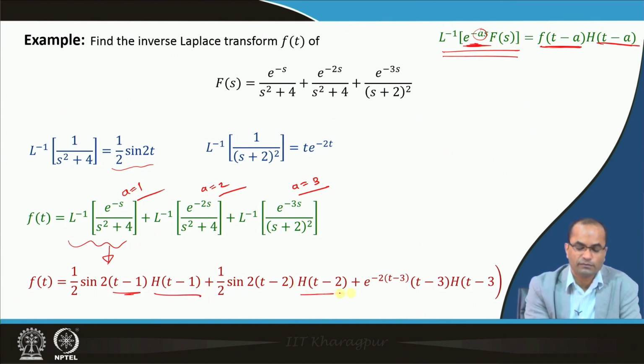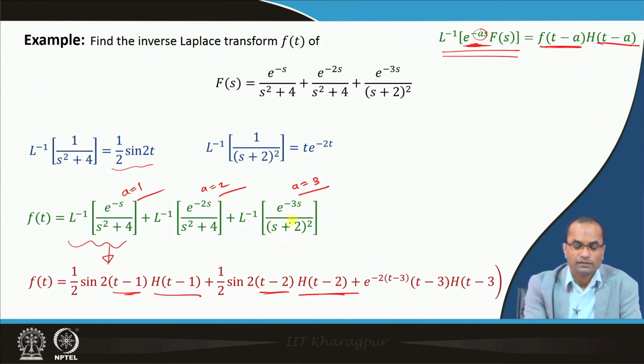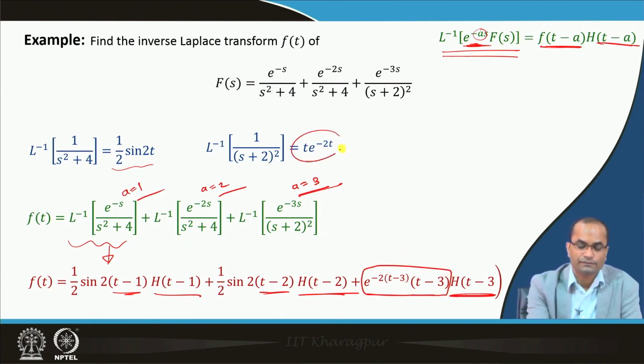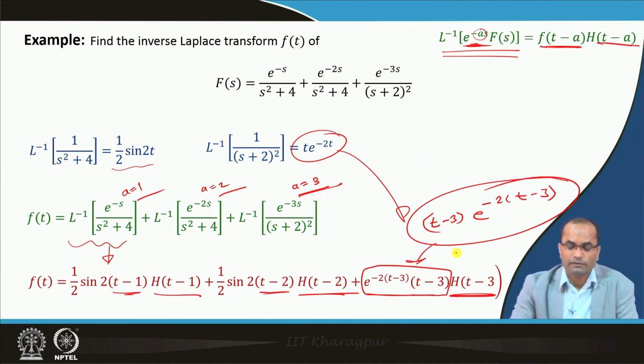In the second case it will be h(t-2) and sin 2(t-2). In the third place we have h(t-3), and everything is replaced by t-3. The function was t e^(-2t), so t becomes t-3 and the exponential is e^(-2(t-3)).